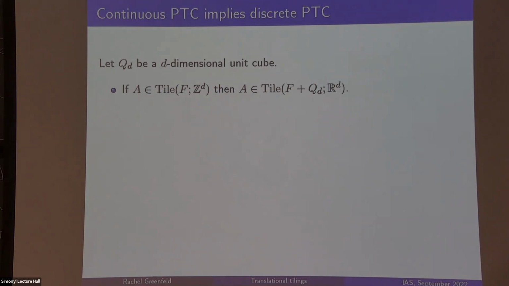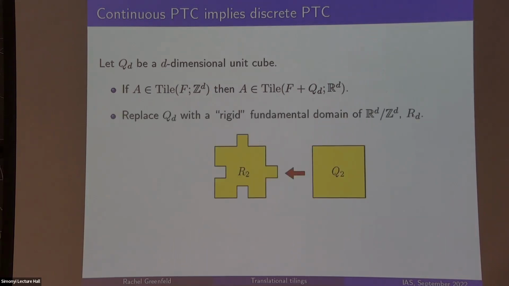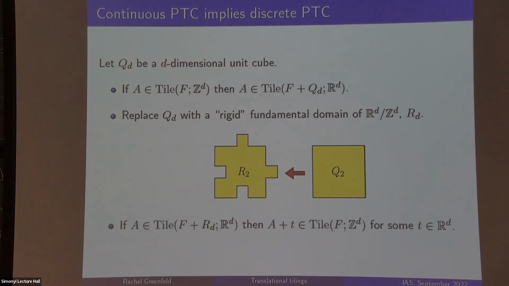So to prevent this situation, I will replace the unit cube with a jigsaw puzzle piece, which would not allow me to slide anything. And if I do this, then I get that the tilings in the discrete setup are the same as the tilings in the continuous setup up to translation, but translations don't change the periodicity, so I don't care. And that is why the continuous periodic tiling conjecture implies the discrete periodic tiling conjecture.